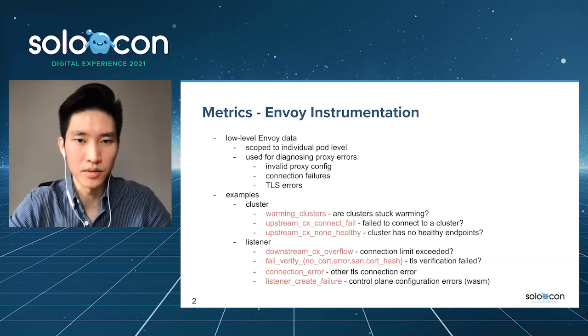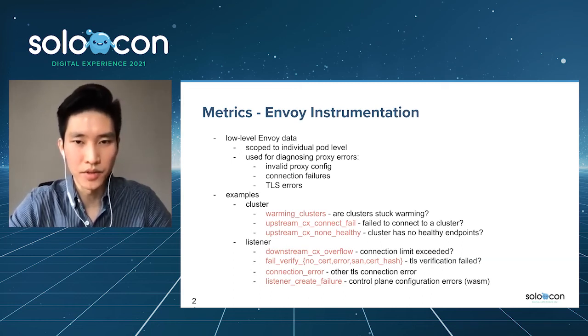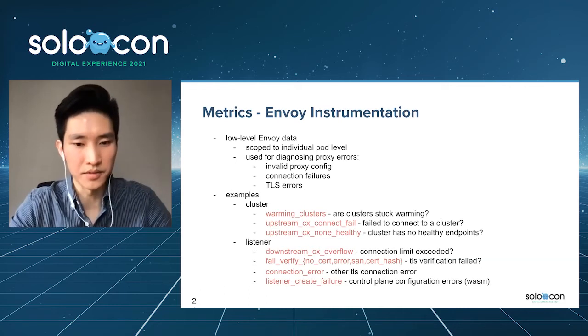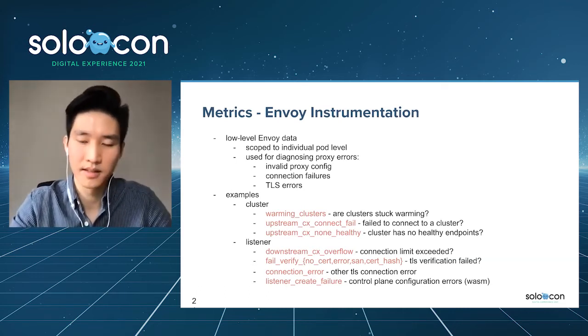And these can include incorrect proxy configuration, perhaps caused by control plane configuration errors. These metrics are also useful for drilling down into network errors, such as getting more detail on failed TLS handshakes. And we've included some examples of Envoy's provided metrics here in this slide.